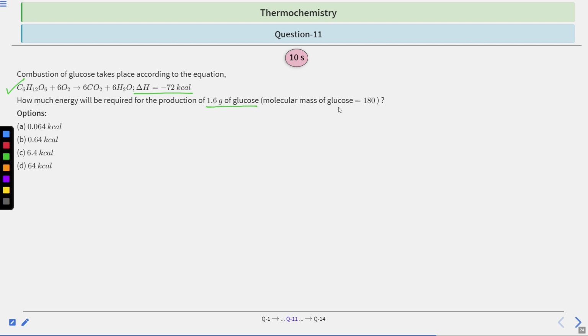And we have given the molecular mass of glucose, which is equal to 180. So options are 0.064 kilocalorie, 0.64 kilocalorie, 6.4 kilocalorie, and 64 kilocalorie. So you have 10 seconds to solve this question. After that, we will see the answer.